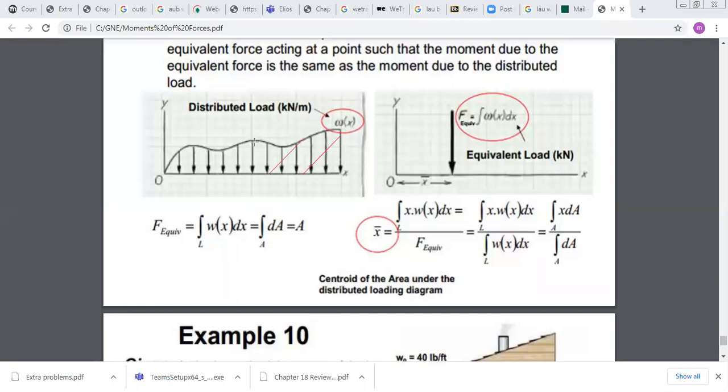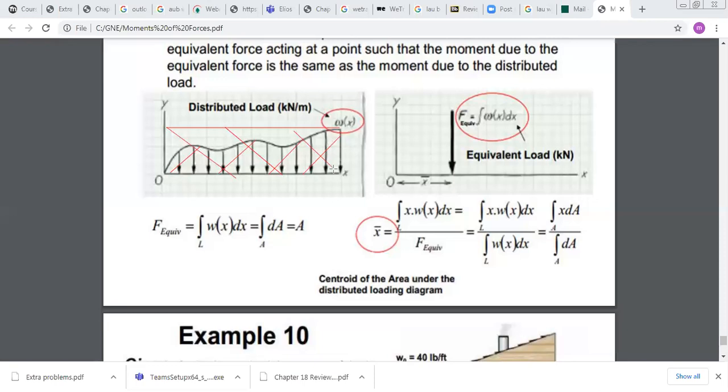So we can use this result: for a distributed load, the resultant force is equal to the area under the curve. If it's not a complex function, instead of integrating, we can find the area. If we have a constant load, a rectangle, then the resultant force is equal to the area of the rectangle.